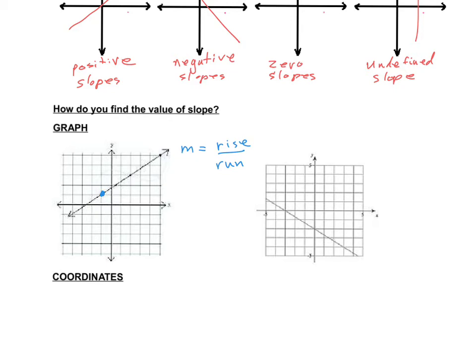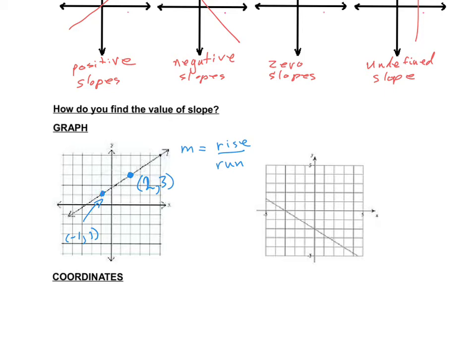This one here is (-1, 1), and this point here is (2, 3).